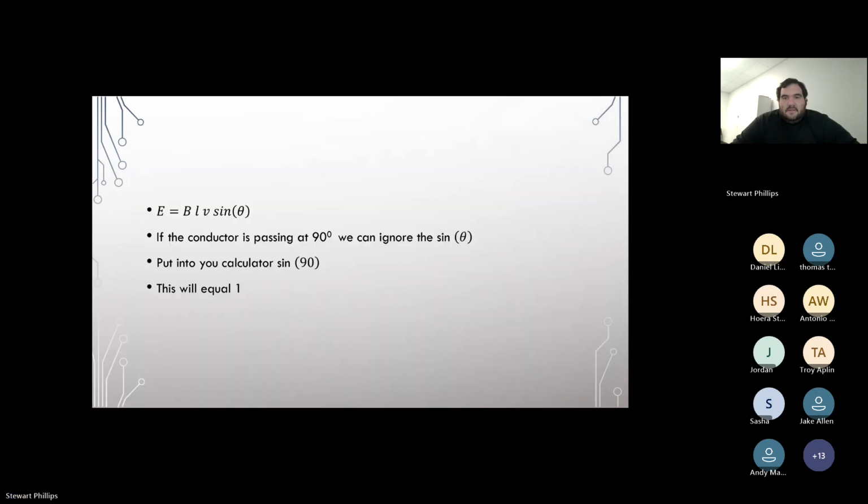Cool. So now let's try and put it into practice. I will put the question up, and then I'll let you guys have a stab at trying to use the formula.